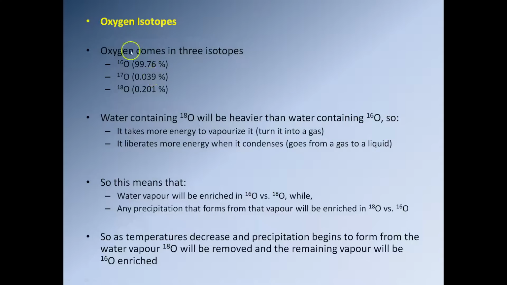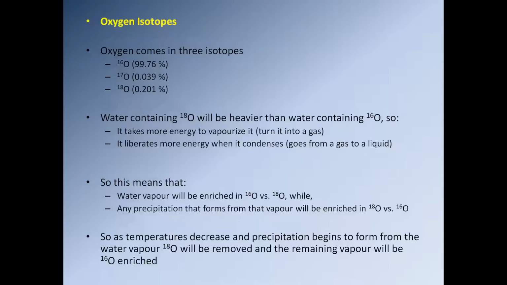The vast majority of water molecules will have an oxygen 16 isotope, because it's by far and away the most common isotope of oxygen. So what does this mean? Well, oxygen 18 has 2 more neutrons than oxygen 16. That means it weighs ever so slightly more. In terms of the difference in weight, it's absolutely tiny, but that difference will have significant repercussions for how the water molecules behave.